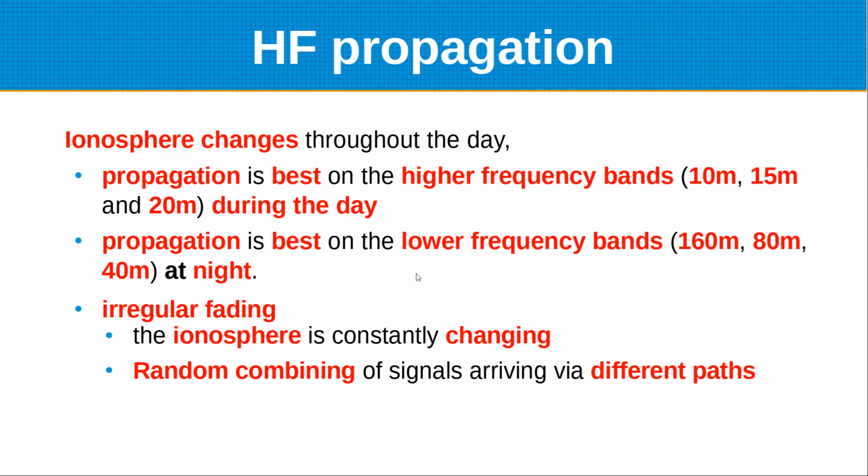Okay, irregular fading. The ionosphere is constantly changing. Its ionization depends on how much solar activity there is at the time. Think of it as clouds, it's not a nice smooth surface to bounce off of. It's lumpy. So depending on what part of it you hit, you can't determine the angle that it's going to reflect or refract.